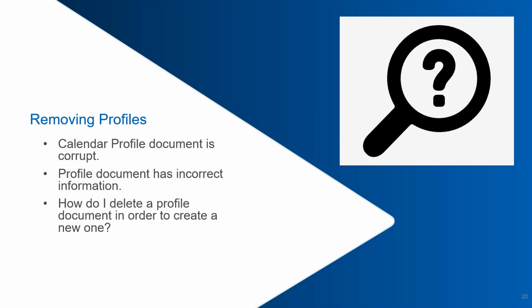In fact, if you run this tool against any of your mail databases, you might actually be shocked just how many profile documents are part of the mail database design. But anyway, profile documents are like any other document. And especially for a mail file that's been around for a really long time, those documents can get wonky. I hate to use the word corruption, but that's basically what happens.